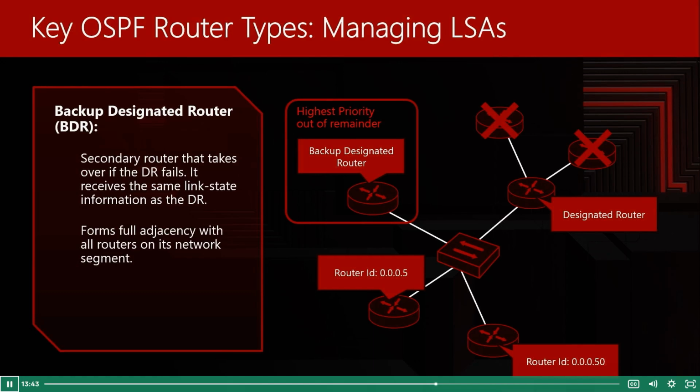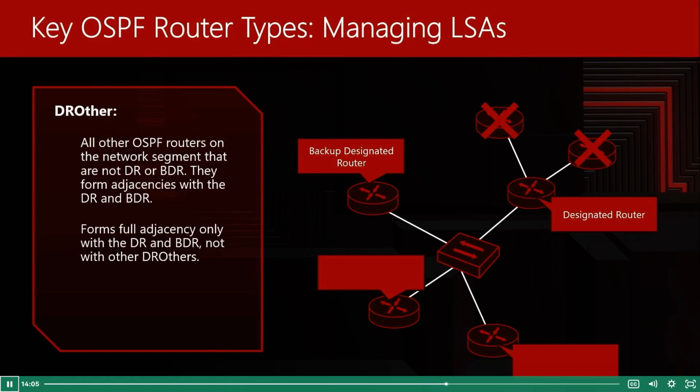The backup designated router is going to serve the same role, collecting all that information and distributing the OSPF synced information to the other routers if the designated router happens to be unavailable.